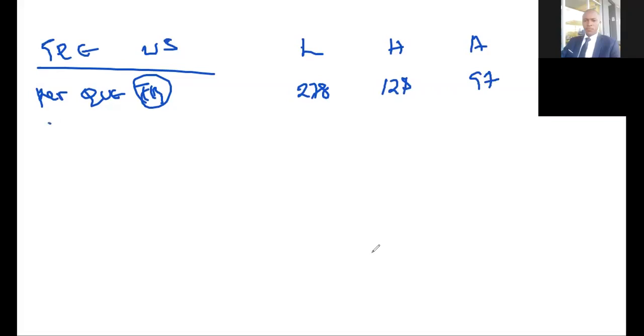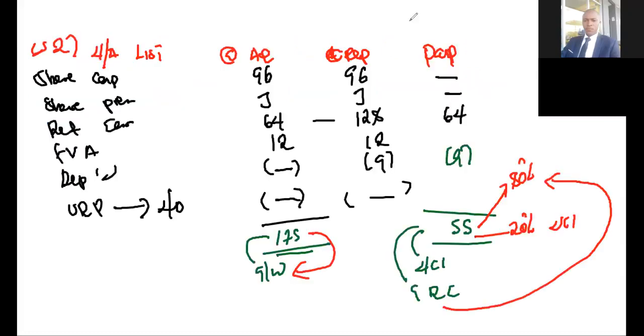So what do we do? Remember what we said? We're now going to copy and paste this one here. At acquisition, we've got the depreciation fair value adjustment, then the excess depreciation, and we've got 55. So you copy this one and paste it here.